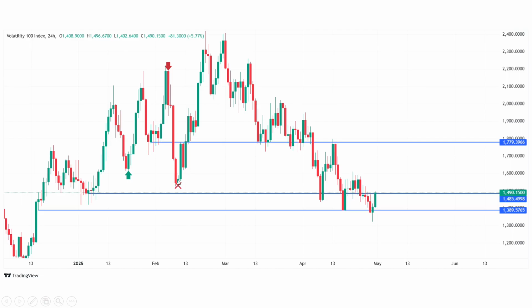So we are not going to pay much attention to this sell side liquidity. Why? Because this sell side liquidity has already been taken out due to this fake out zone. And we're going to pretend as if we do not see this on the charts during our trade. It is just there to kind of mess up your whole perspective on things when it comes to trading the volatility index.